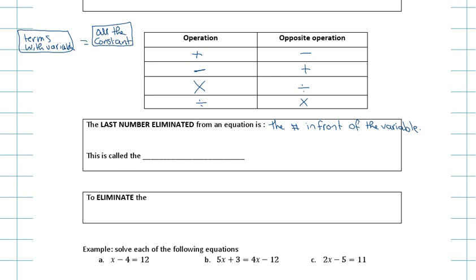So for example, if I have something that looks like this, the last term that I want to get rid of is this term, because that's the coefficient that's in front of the variable. That's the last thing I want to get rid of. So I want to get rid of the 2 first, bring it over. Then I will get rid of the 3 later. I'll show you how we do that. Okay?